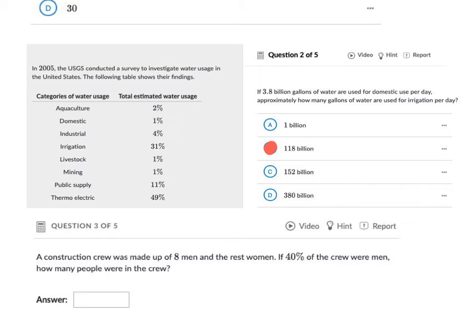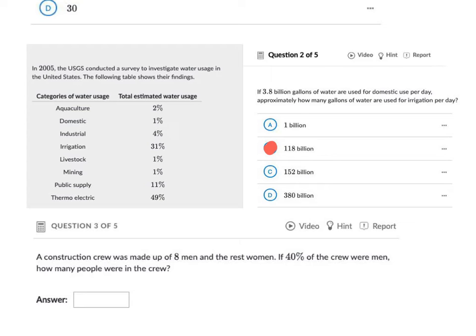Wait. Say, what did you do? The question was that 3.8 billion gallons of water are used for domestic use per day. Approximately how many gallons of water are used for irrigation per day. Right. So I took the 3.8 billion and multiplied it by 0.31. Why'd you do that?